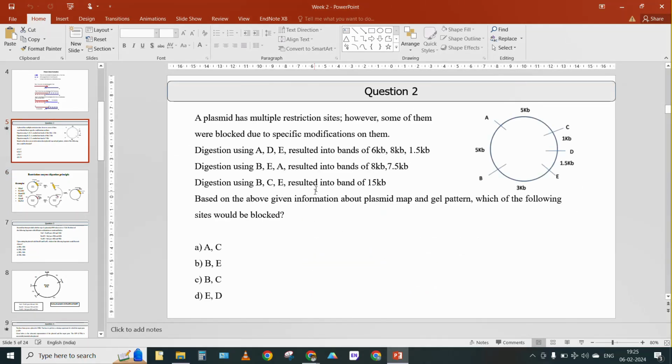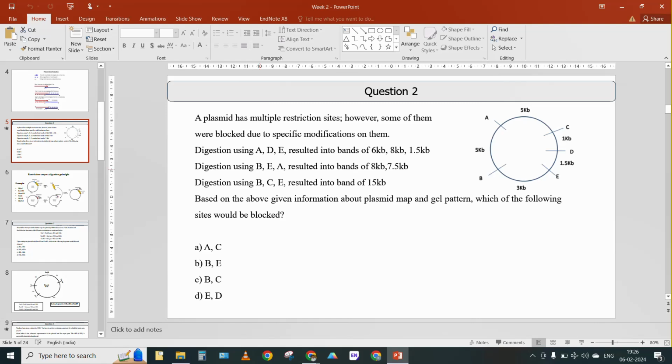So here, when we cut with A, D, E, it results in 6 kb, 8 kb, and 1.5 kb. While in digestion using B, E, A, we are getting 8 kb and 7.5 kb bands, which means restriction enzymes A and E are working fine, because we are getting two bands of 8 kb and 7.5 kb.